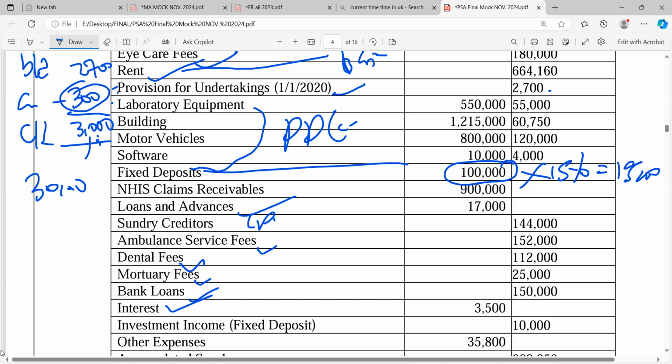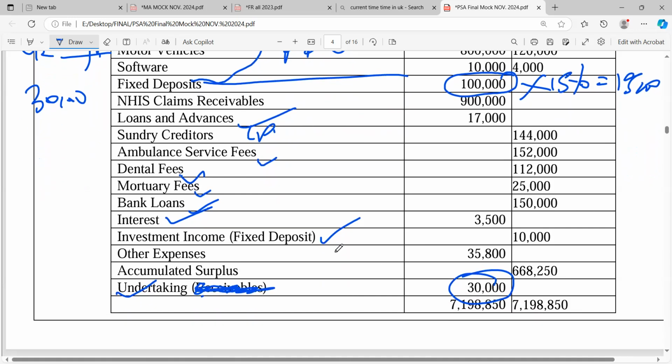Investment income, IGF under other income. Other expense line item. Accumulated surplus is a credit side. That's a good balance. That is all. When you put them together, we are good to go.